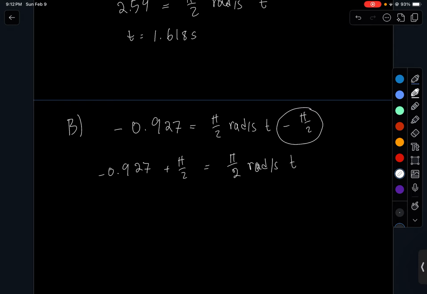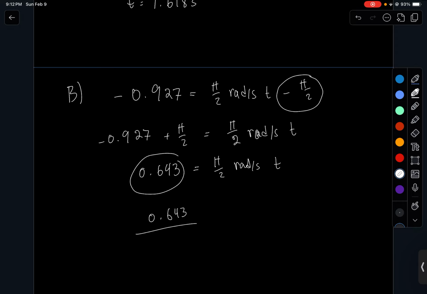Let me plug it into my calculator. It's going to be 0.643 equals pi over 2 rad per second times t. We divide this value by pi over 2. 0.643 divided by pi over 2 is going to be 0.41 seconds.